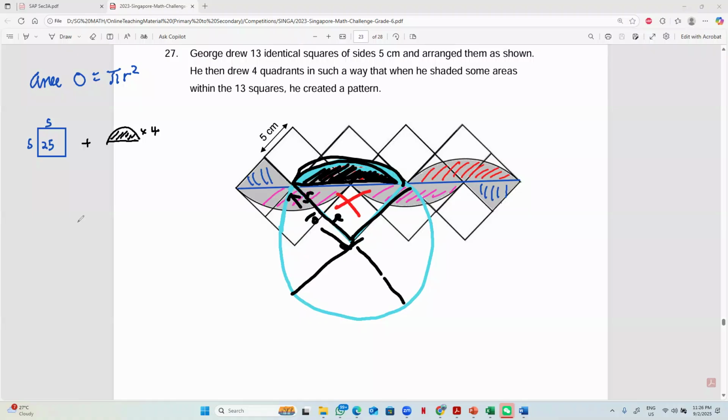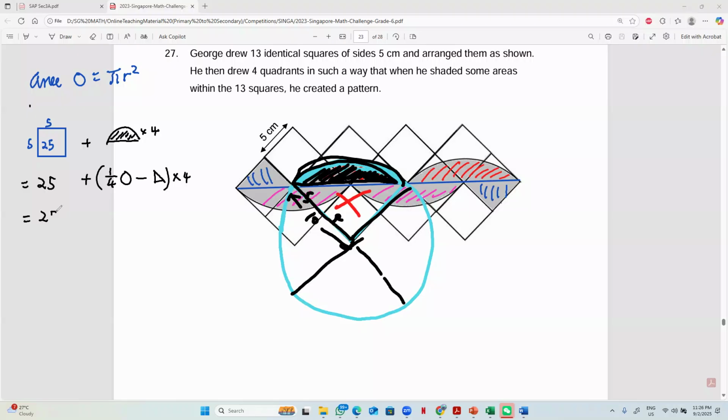As usual, let's write it out. So we have this 25 square centimeters plus the quadrant of the circle minus the triangle, and I have 4 of it, so I'm going to times 4 here.